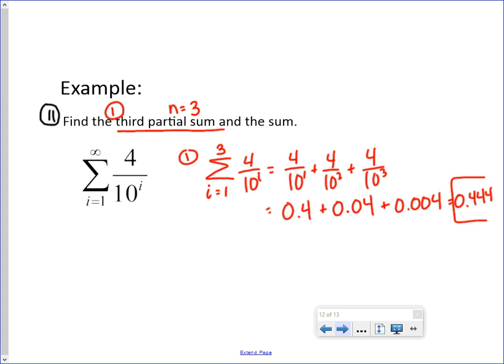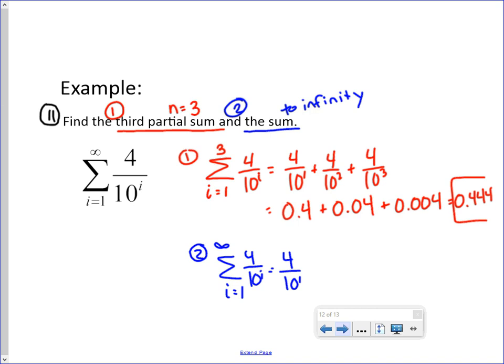Okay, if I want to do the second piece of this, which is the sum, that would be to infinity. So this one would go further. 10 to the first, 10 squared, 10 cubed, and I keep going, right?